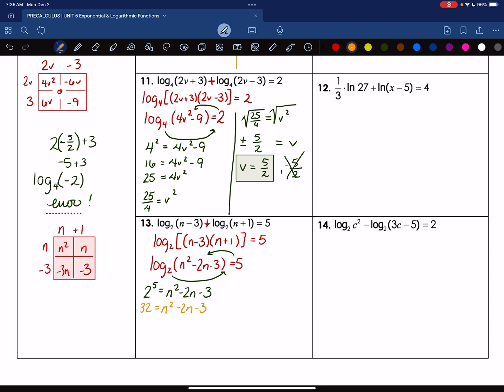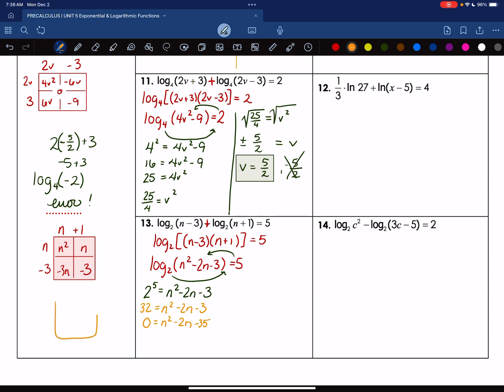And we want to solve this now by factoring, because I don't just have the ability to solve by taking square roots. We're going to bring that 32 to the other side so that it's set equal to 0, and we can factor. When we do that, it's going to be a negative 35.